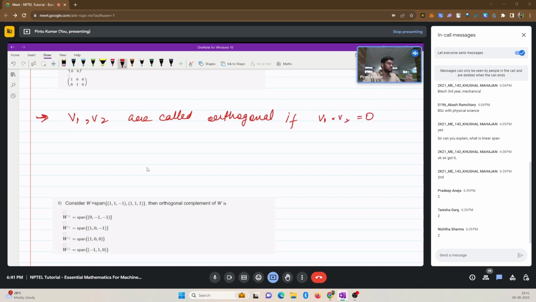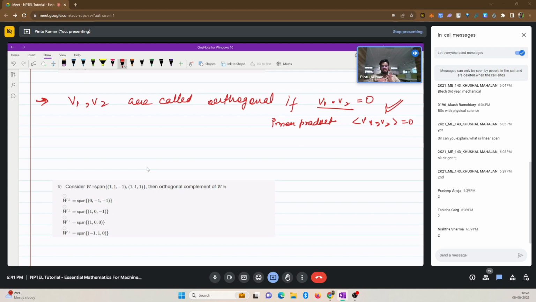In the later part of this lecture, I'll cover inner product spaces. If you replace the dot product by the inner product between v1 and v2 equal to 0, this definition is also correct and more generalized. So what we want is that the dot product between two vectors is 0.